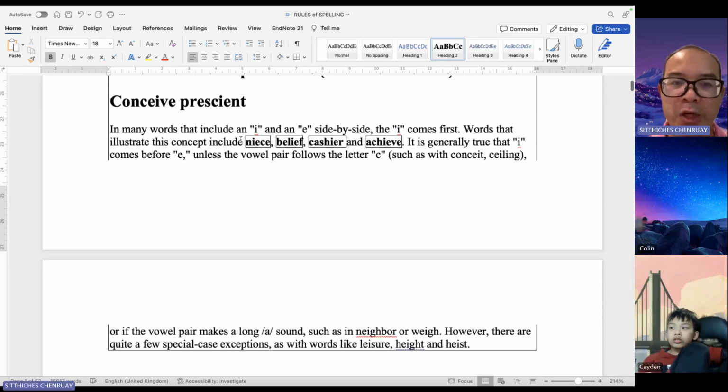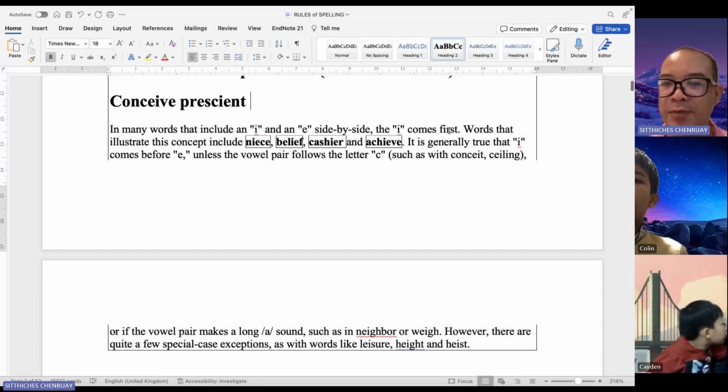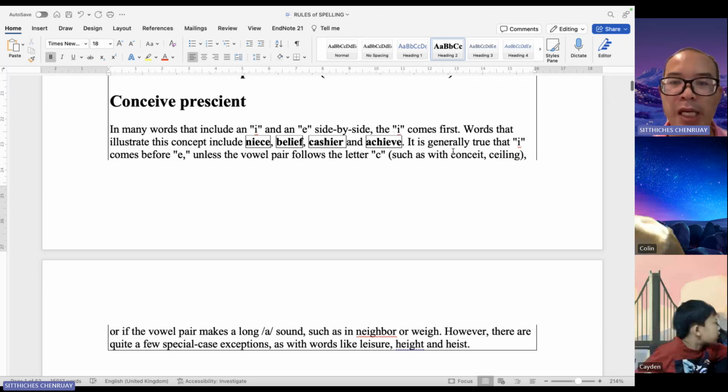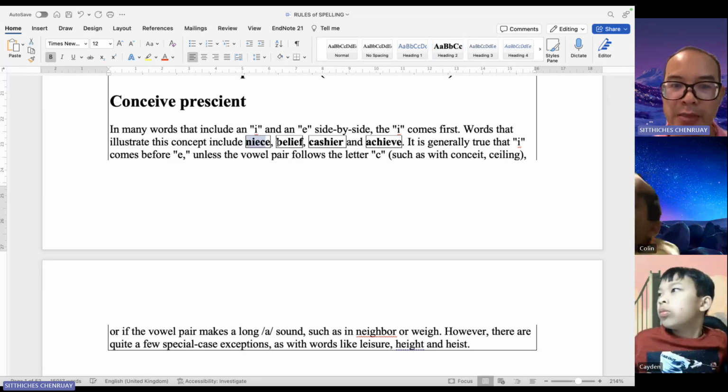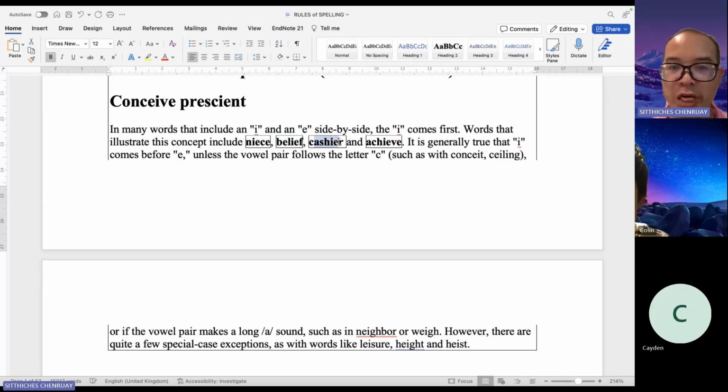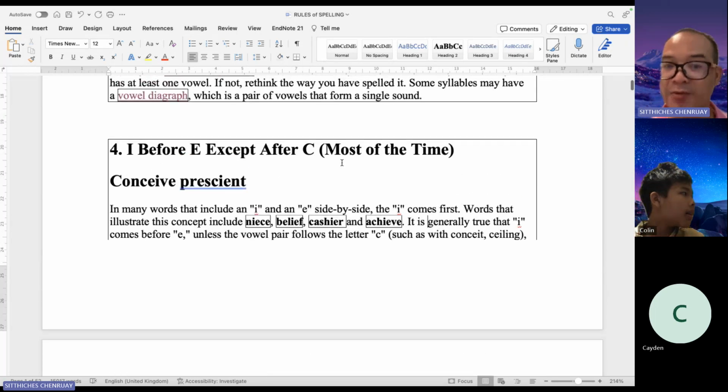In many words that include I and E side by side, the I comes first. Words that illustrate this concept include niece, believe, cashier, achieve. It is generally true that I comes before E, except after C, right?